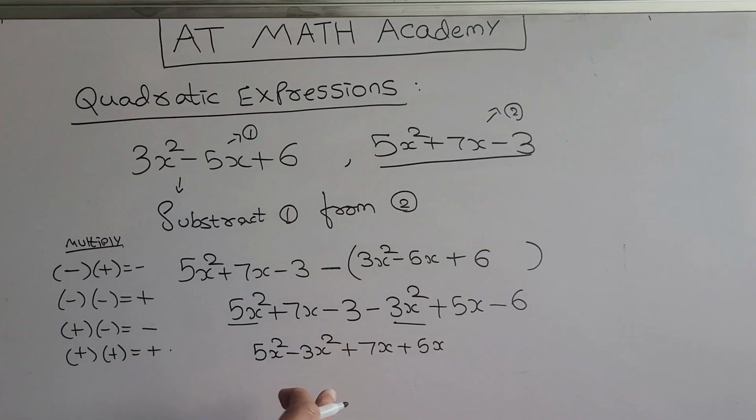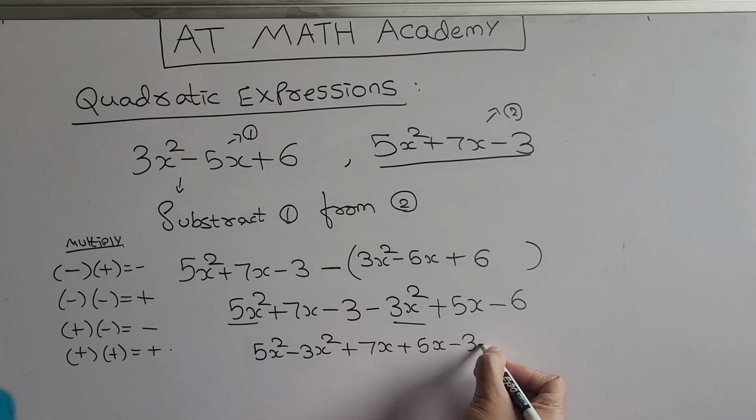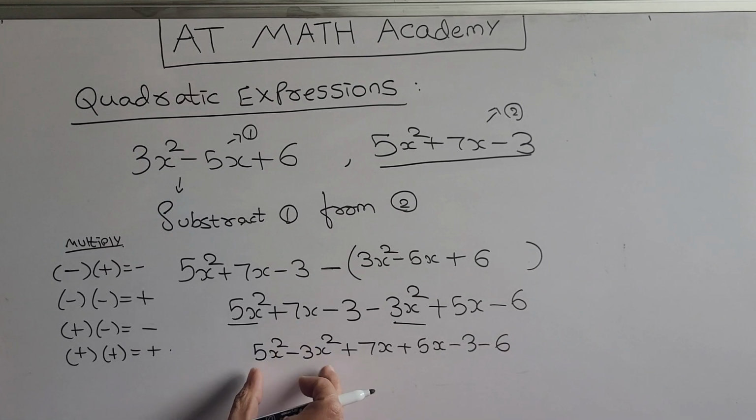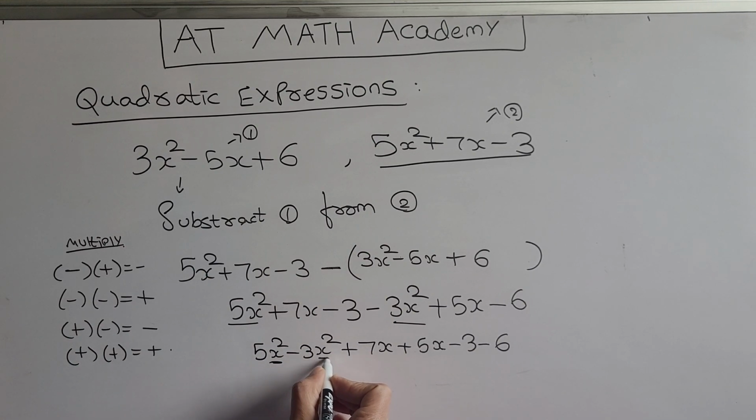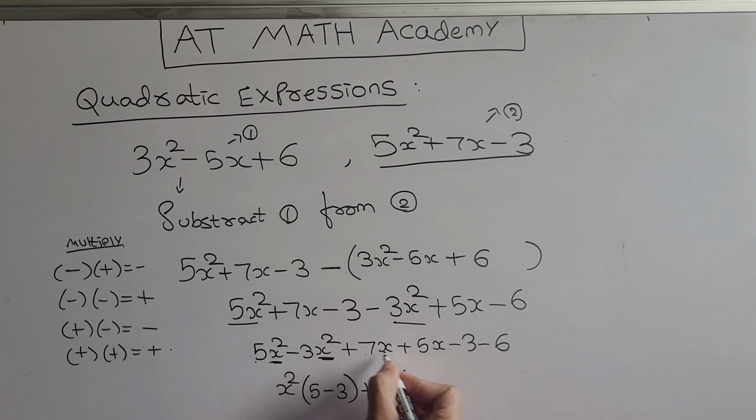And now I'm going to group the constants. So here I have minus 3, and here I have minus 6. Here we have the variable x squared as common, so 5 minus 3, and here I take the x as common and I write plus 7 plus 5.